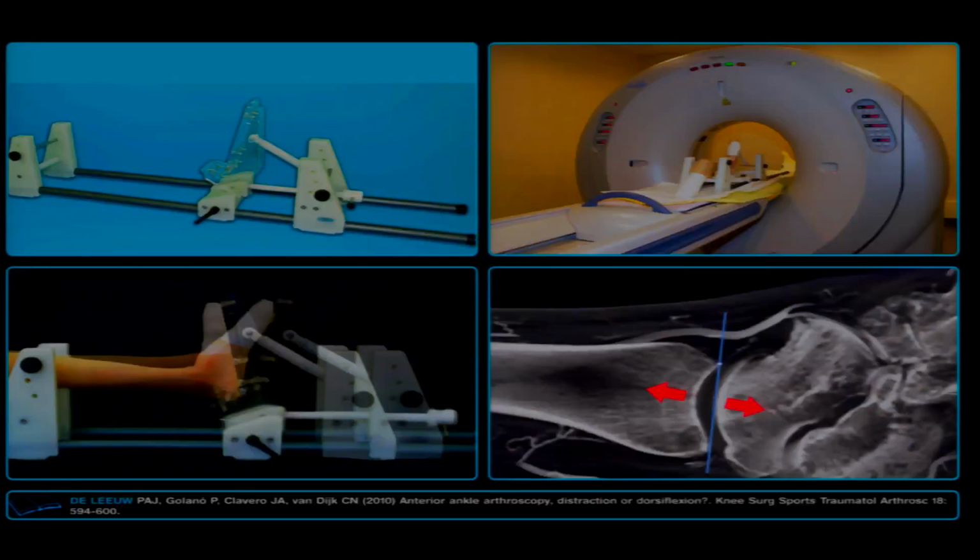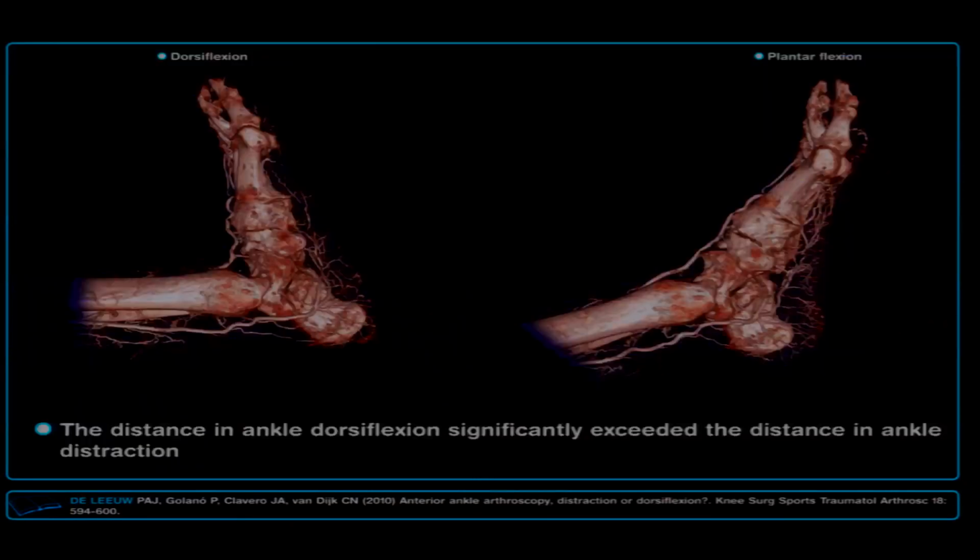For this reason, with the co-workers of Professor Van Dijk, in our study, a special device was developed. Each ankle was scanned in ankle dorsiflexion and in distraction, and the distance between the artery and the anterior border of the articular surface was measured.